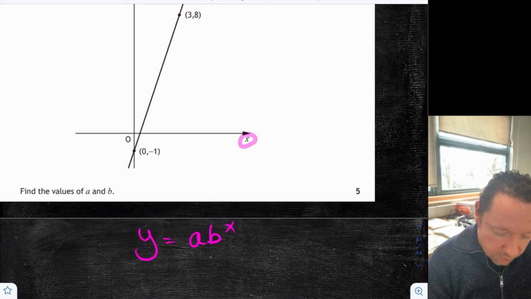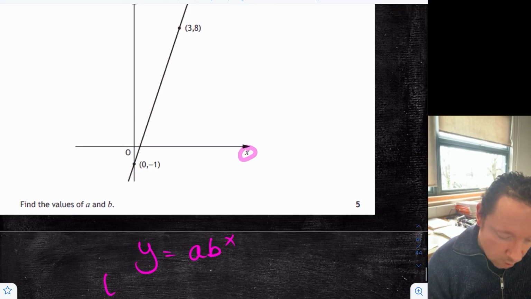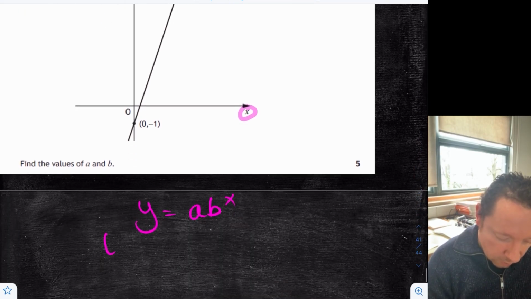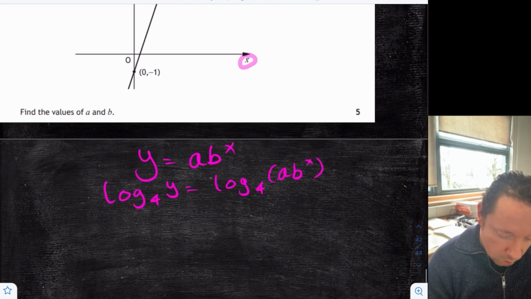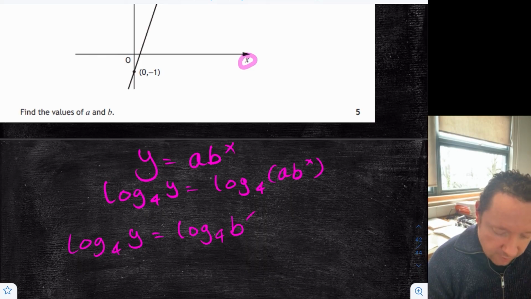Just log both sides then. Our log base is 4. So looking on our graph, log base 4y equals log base 4 of ab to the x, which is a product. So I can separate that into a plus. So log base 4y equals log base 4 of b to the x. I'll write the x one first, like mx plus c, plus log base 4a.